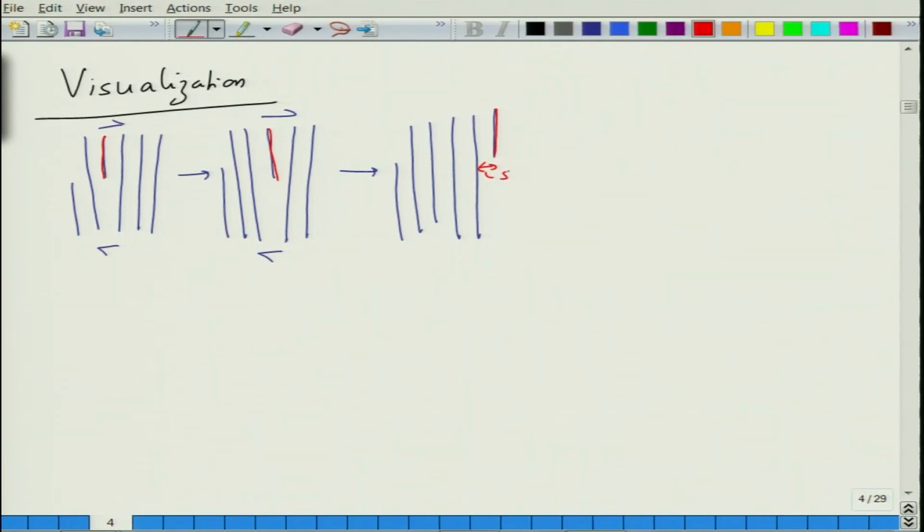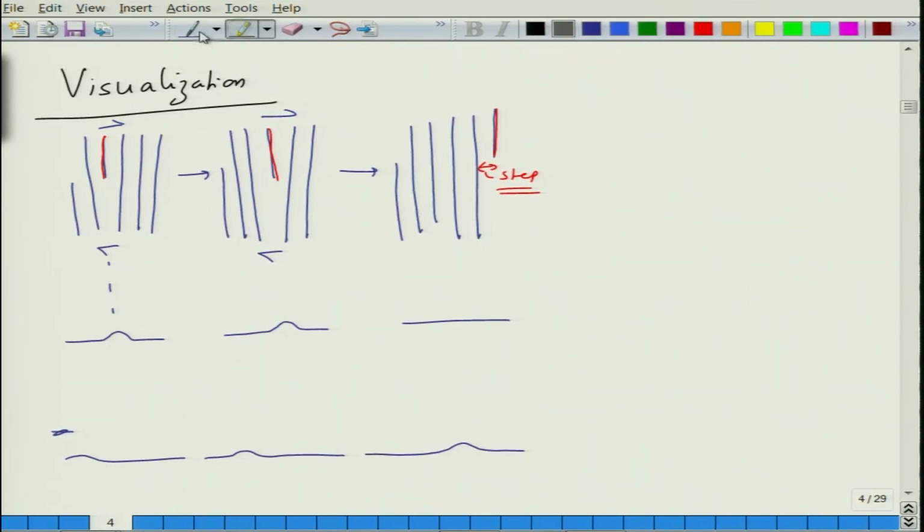So, this is the step that we create, and this movement can be seen as a caterpillar kind of movement. Let us say at this position you have a caterpillar, and the caterpillar shows a hump like this. When you apply stress, the hump moves forward, and when you apply stress further, the hump moves further in the forward direction, and at this point it becomes flat. So, it is going to move like this, then like this, and finally it becomes flat.